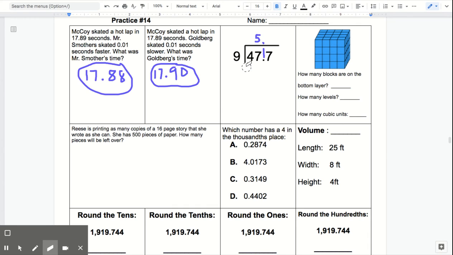Okay, erase that. 45. And then, let's see, I got to bring down my 7. And 9 go into 27. Yes, it can. 3 times. 3 times 9 is 27. You have nothing left.